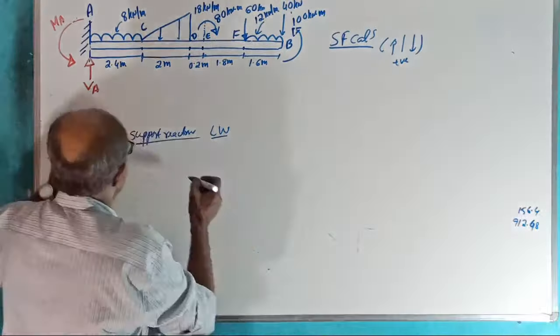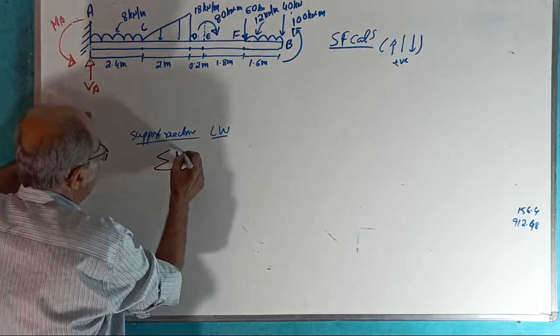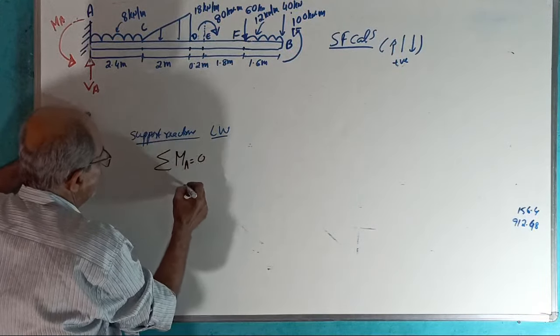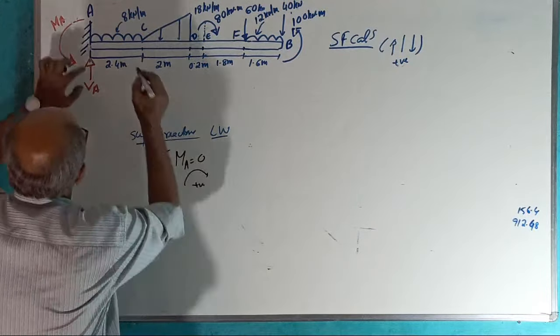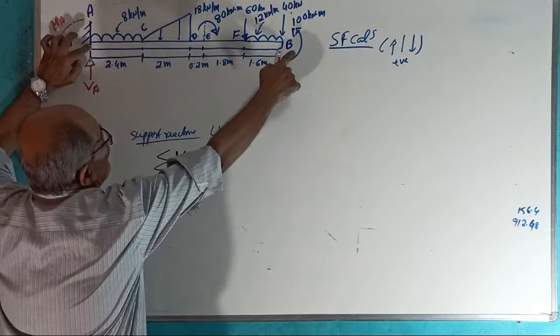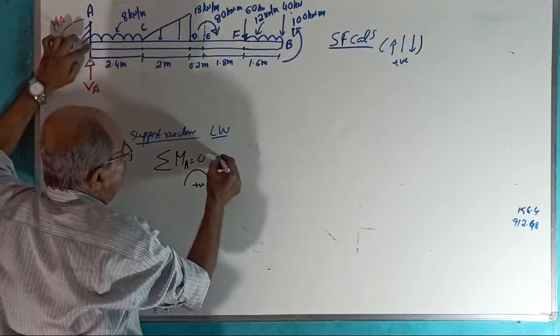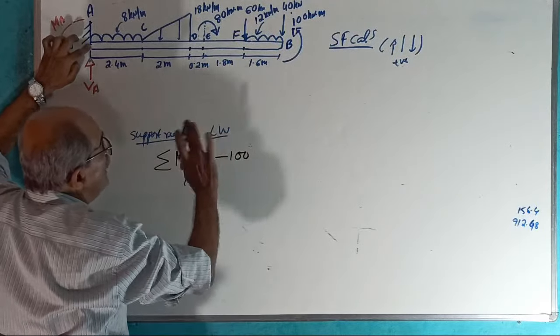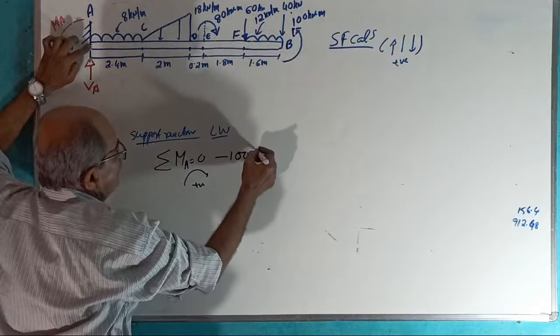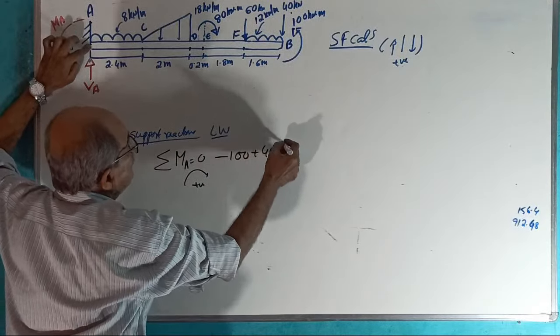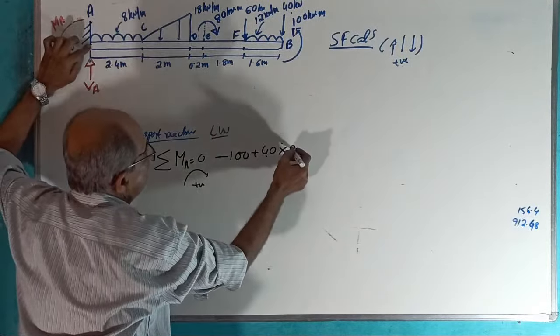Start. Sigma M about A equal to 0. Take clockwise positive. Start. Finger at A. Start from there. Anti-clockwise 100, no bending moment. Minus 100. Plus 40 multiplied by 8.